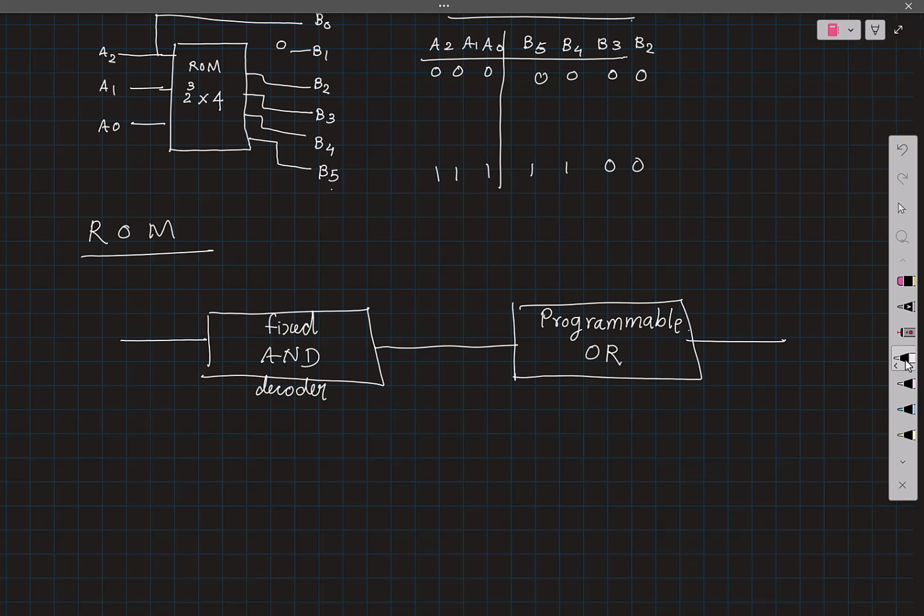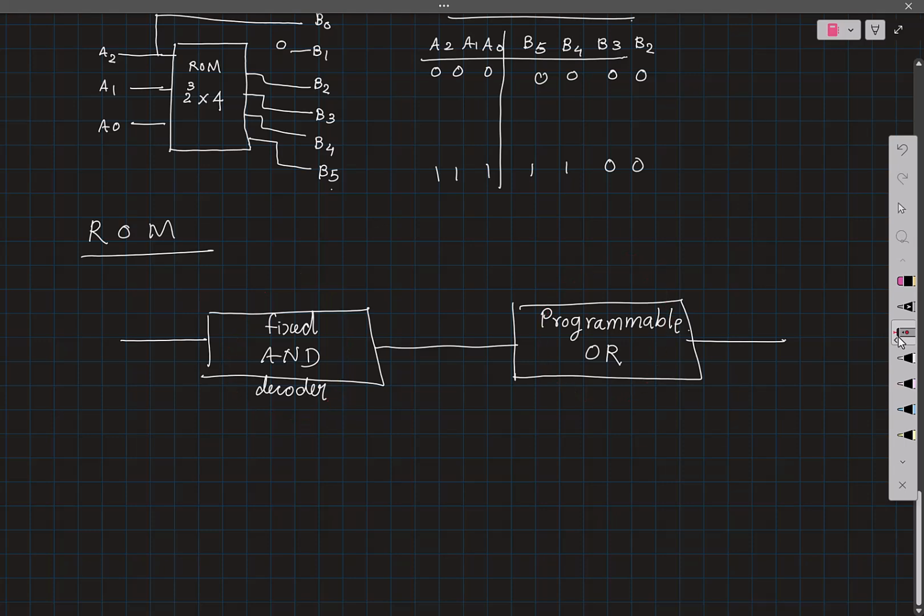And we already have read-only memories in the market, creating all possible AND gate input combinations with programmable OR gate combinations. What would be the next idea? Yes, if this is programmable, why can't we make this also programmable? And the next question might be, what if I make this portion programmable and this portion fixed?